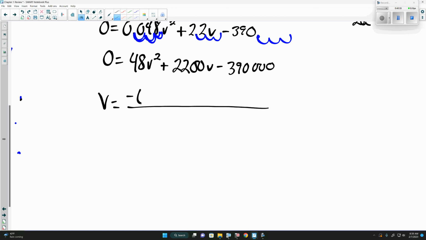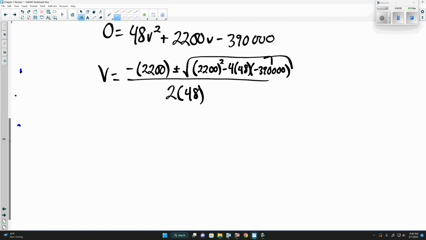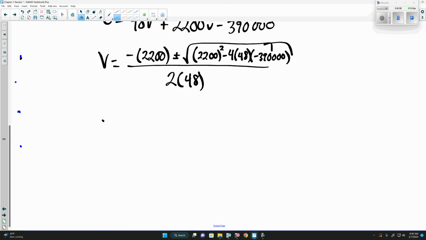So negative b, so this would be negative 2,200 plus or minus the square root of b squared minus 4ac, all over 2 times a. Well, 2 times 48 is going to be 96.